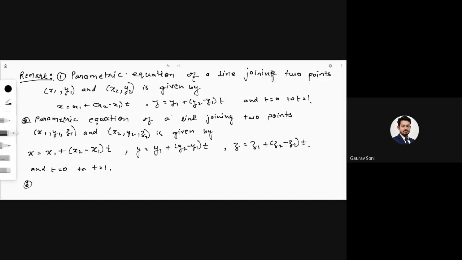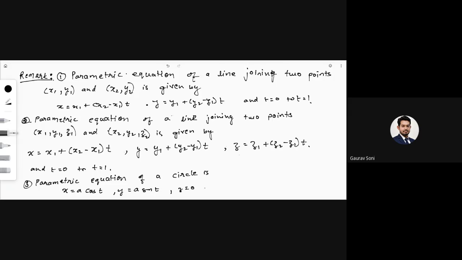Third remark. Parametric equation of a circle: x is equal to a cos t, y is equal to a sin t, z is equal to 0.